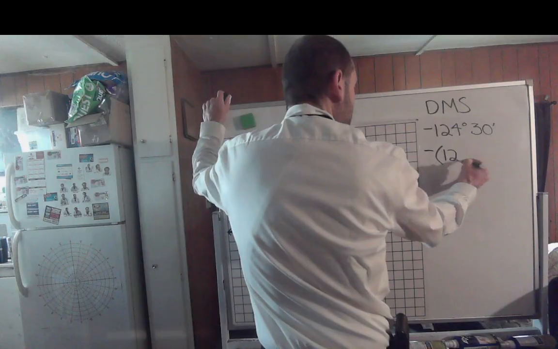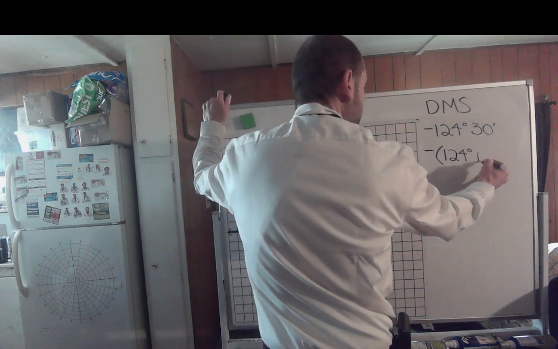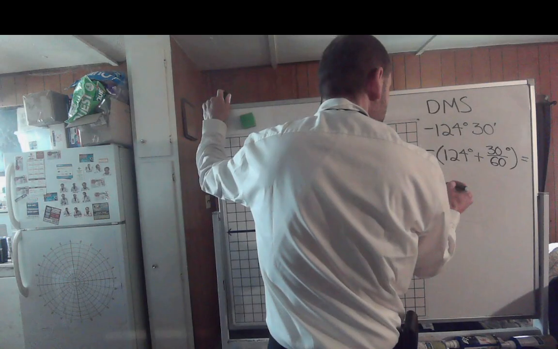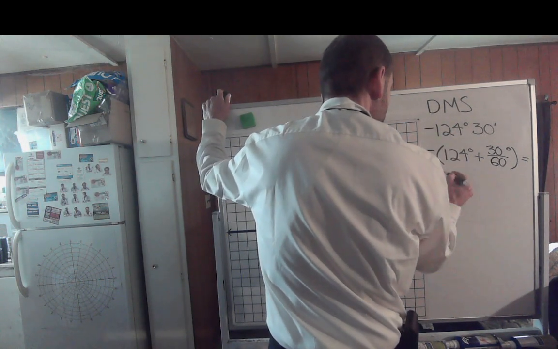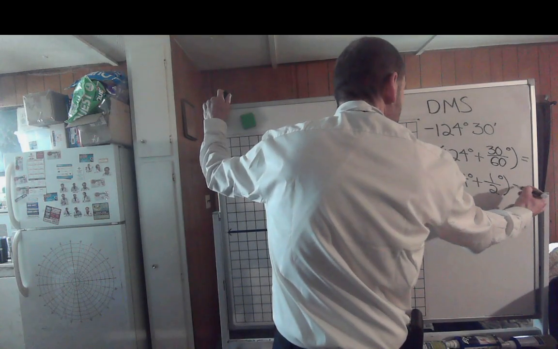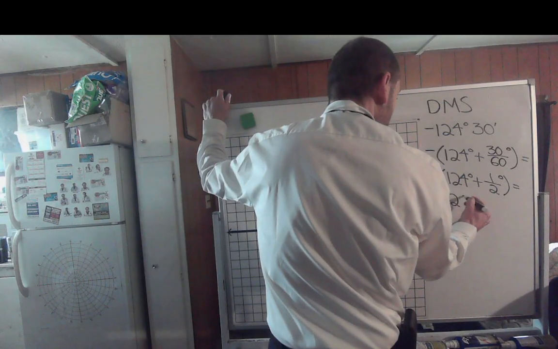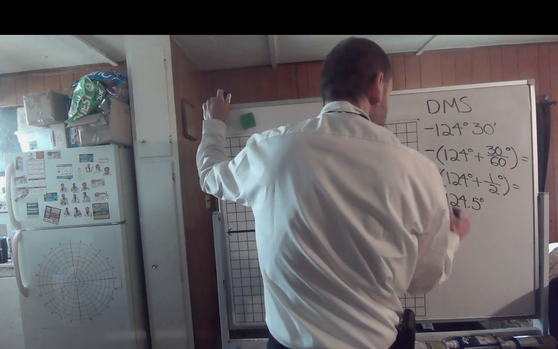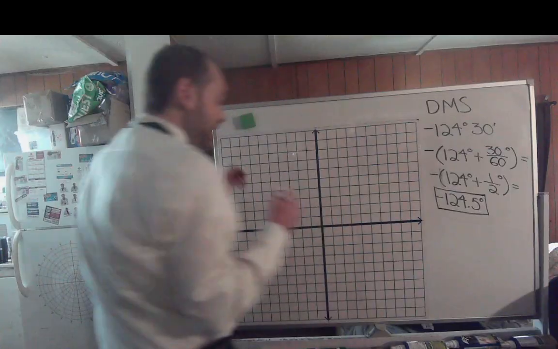You have then 124 degrees plus, that's 30 minutes, so that's going to be 30 out of 60 degrees, which would become negative of 124 degrees plus 1/2 of a degree. So this would turn into negative 124.5 degrees. So in decimal notation, this would be negative 124.5 degrees.